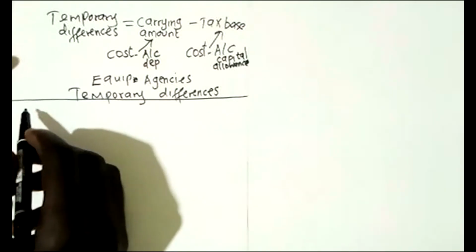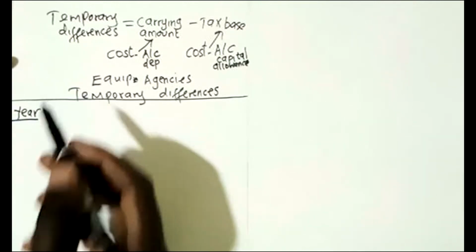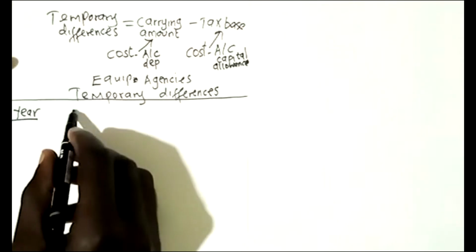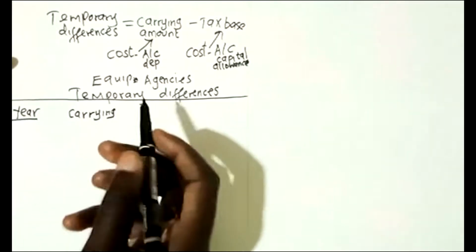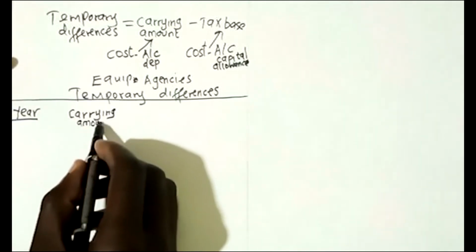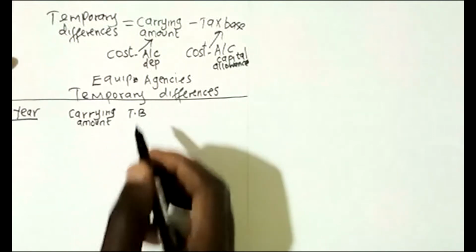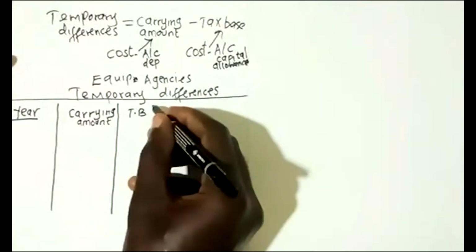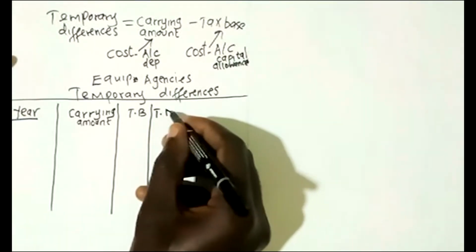I will put them in column format. We have the year and the carrying amount, minus the tax base, and I will be able to get the temporary difference.